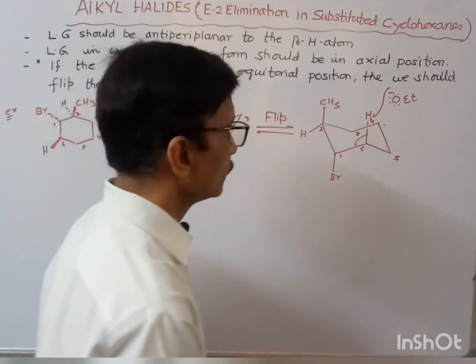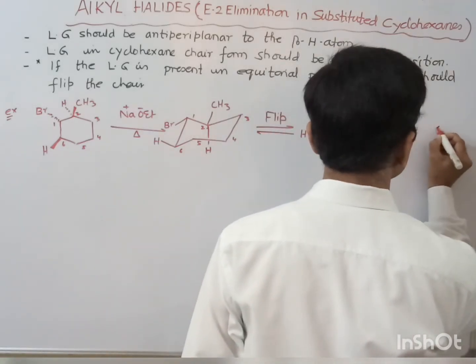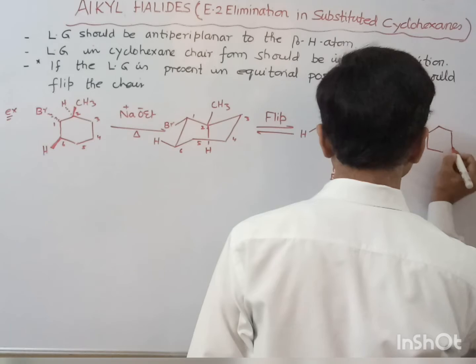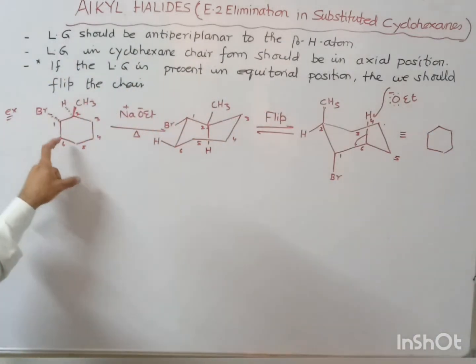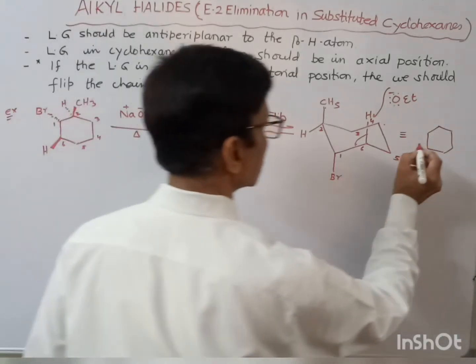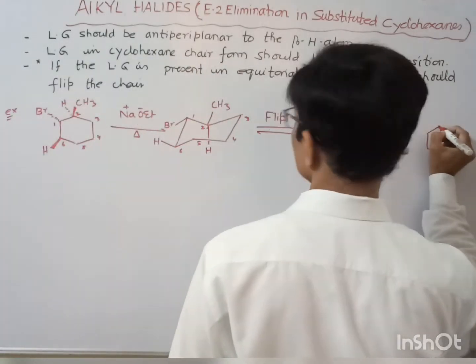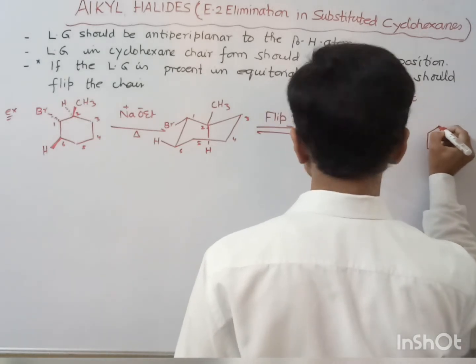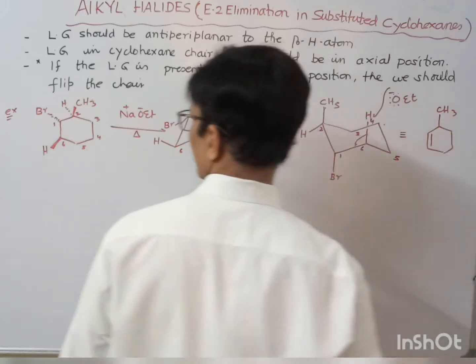So this would be formed as a product, meaning the double bond would be formed between the 1st and 6th carbon only, and at the 2nd position we will have the CH3.